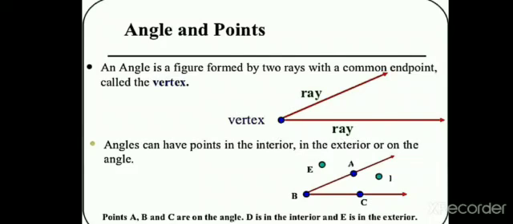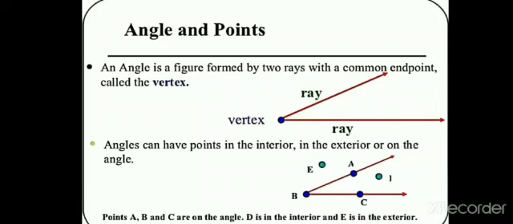Angles can have points in the interior, in the exterior, or on the angle. Here you can see another picture where two rays are meeting. There are 3 points on the two rays, and another 2 points are outside the angle.